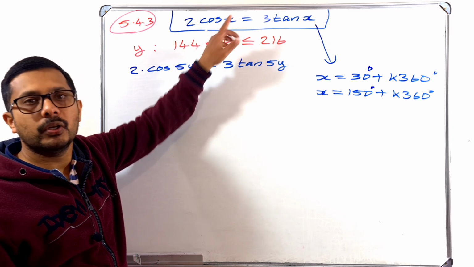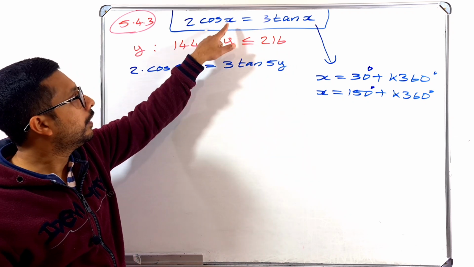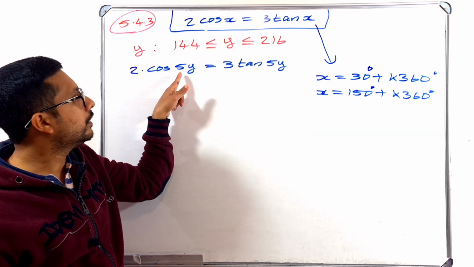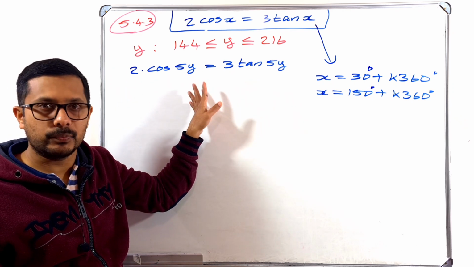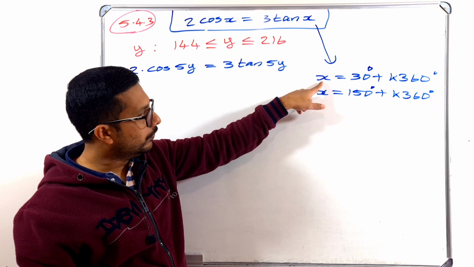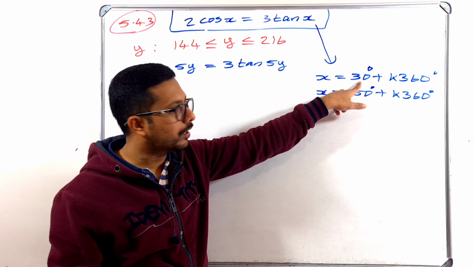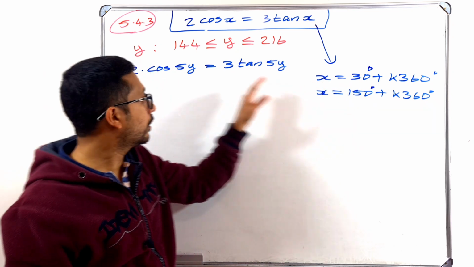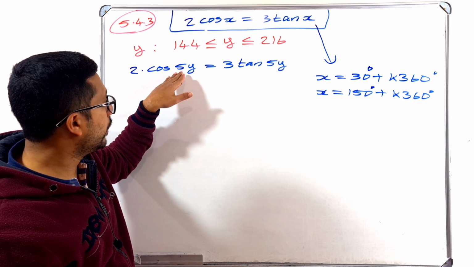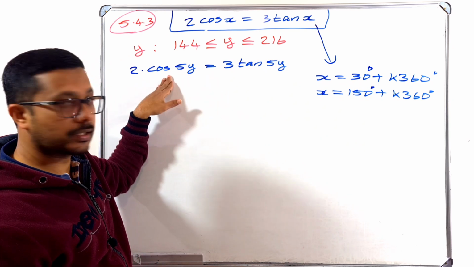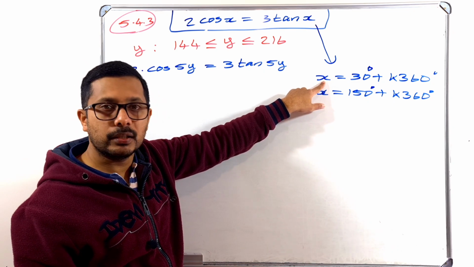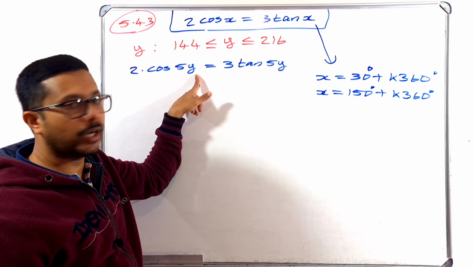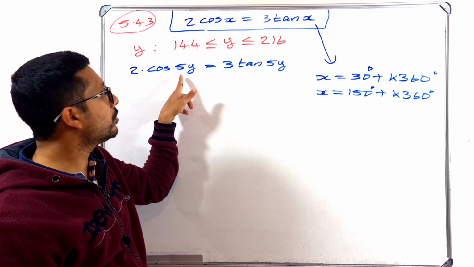The only difference is instead of this x, here it is 5y. Otherwise the trigonometry and the pattern, everything is the same. So here we have to find the values of y. What you have to do is instead of this x, write 5y. They changed this x to 5y.